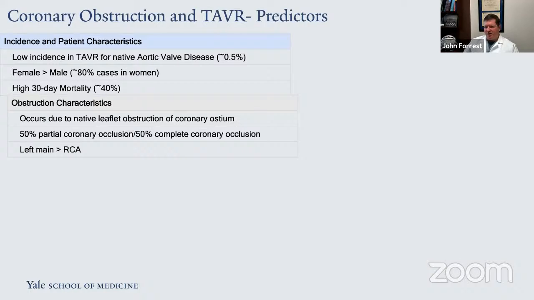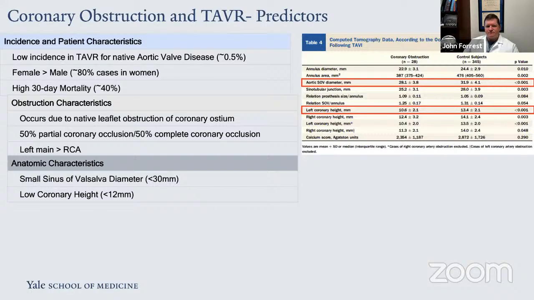When we're talking about acute obstruction here, about 50% of them are partial occlusions, like we see here, and the other 50% are complete occlusions. Interestingly, it tends to involve the left main more than the right coronary artery. Looking at different data that's come out, it tends to be associated with patients who have a small sinus of Valsalva diameter and a low coronary height.